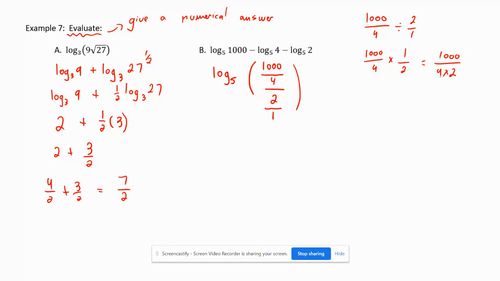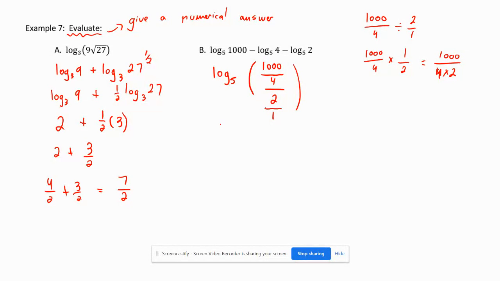Okay, we're going to see this sometimes, and I think some students get confused: if this is a minus, why is this a times in the bottom? And the reason is because we're doing 1,000 divided by 4, but then we're also doing divided by 2, so it's 4 times 2 in the bottom. Really we're dividing by 4 and we're dividing by 2.